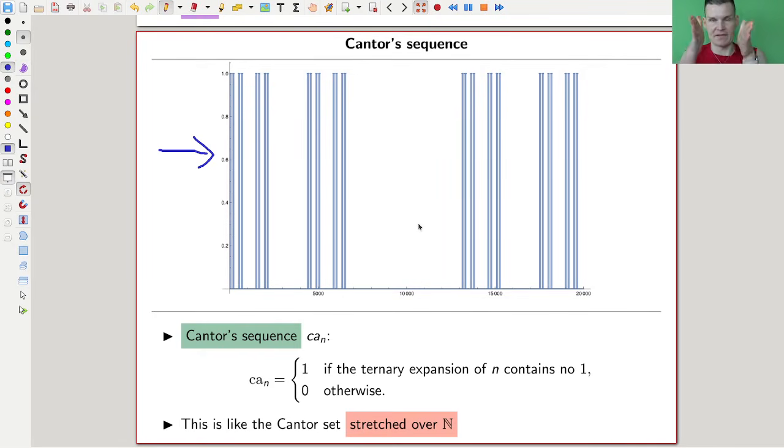The Cantor set is just this line segment. Now I stretch it over the natural numbers, and I do it as follows. I define the Cantor sequence to be 1 whenever the ternary expansion of n, the expansion in base 3, contains no 1, and otherwise I write a 0.